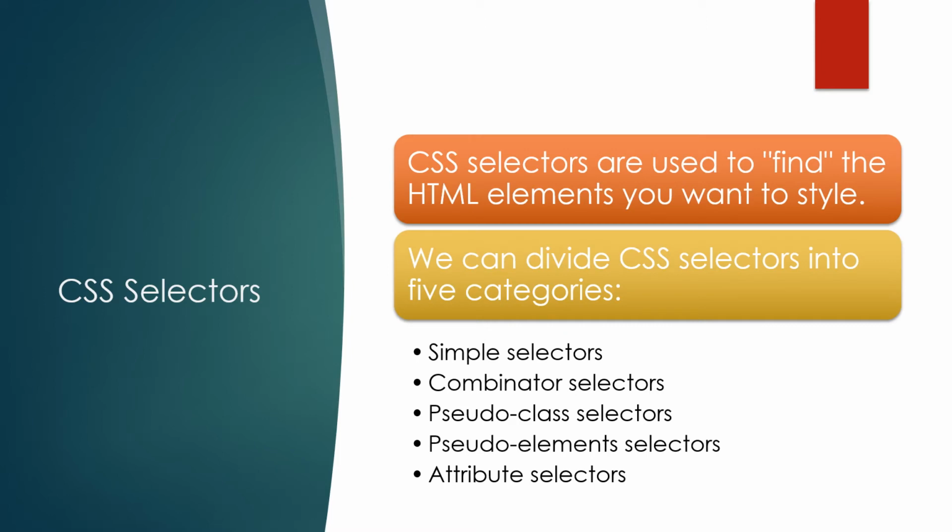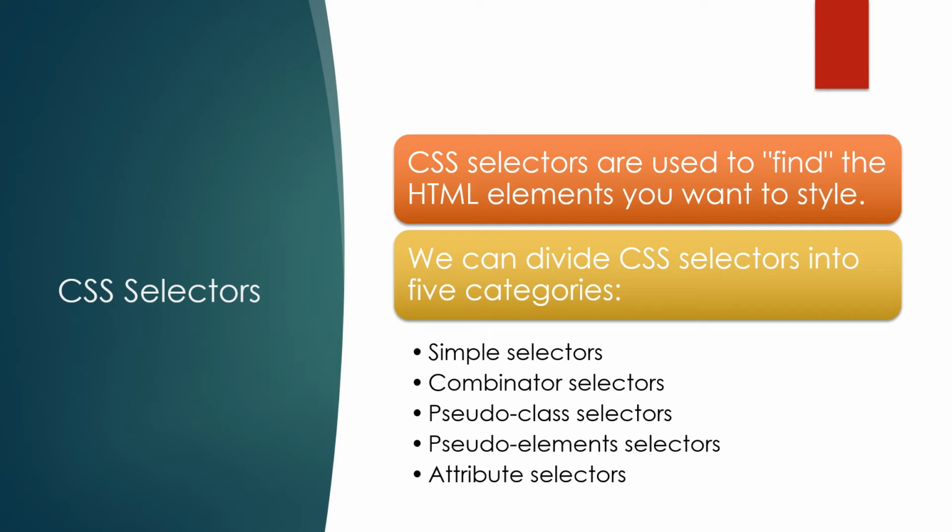CSS selectors. CSS selectors are used to find or select the HTML elements you want to style. We can divide CSS selectors into 5 categories. Simple selectors that select elements based on name, ID and class.